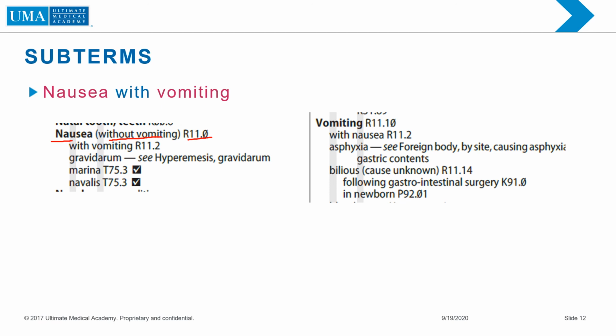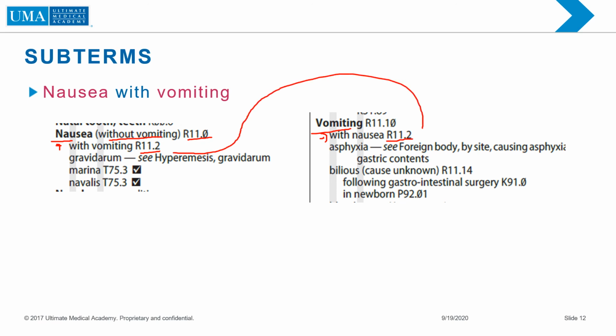And nausea with vomiting refers us to R11.2. If we go in the alphabetic index under vomiting, it refers us to R11.10. But when we go to vomiting with nausea, once again, you see R11.2.